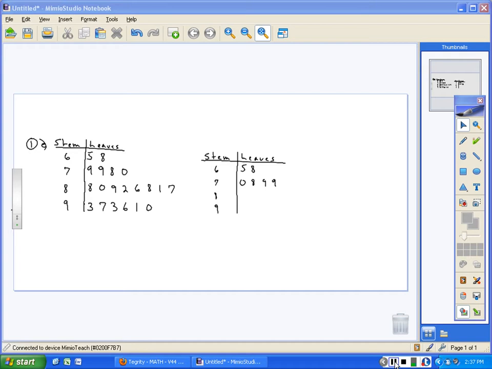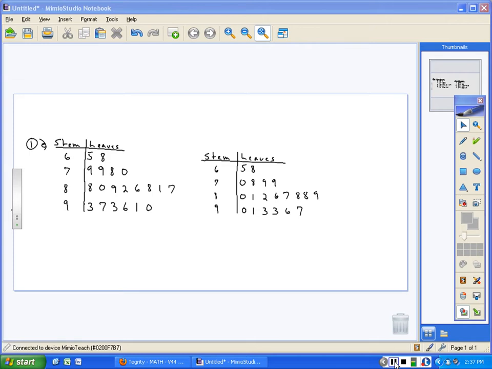The 80s would be 0, 1, 2, 6, 7, 8, 8, 9. And then for the 90s, it's 0, 1, 3, 3, 6, and 7. So that is the final stem plot.